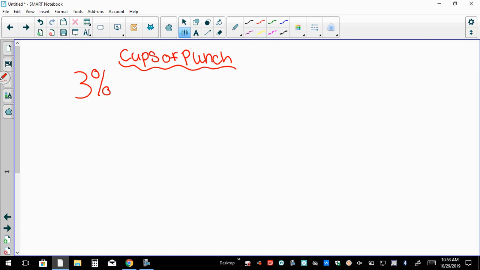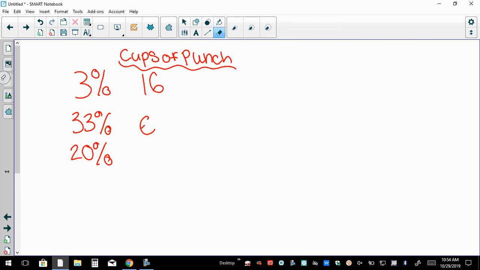And then I put 33% next. And then last, I put 20% because this is what you're trying to find, and I find it easier to put it last. So we have 16 cups that have 3% pineapple juice. I put C as my variable, so there's C cups for 33%.